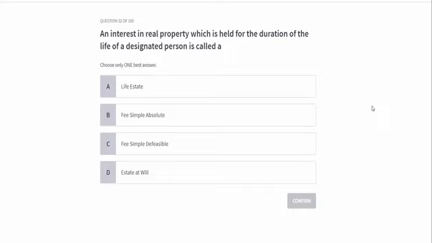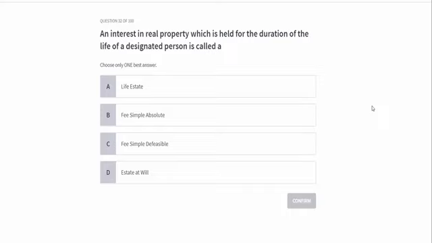So like always, here's some time for you guys to figure it out, starting now. All right, so this one's pretty easy.